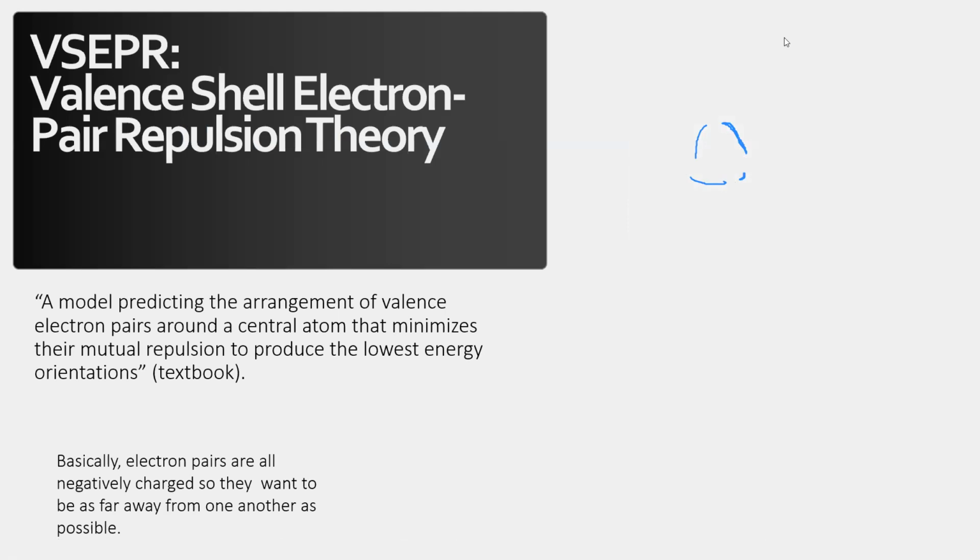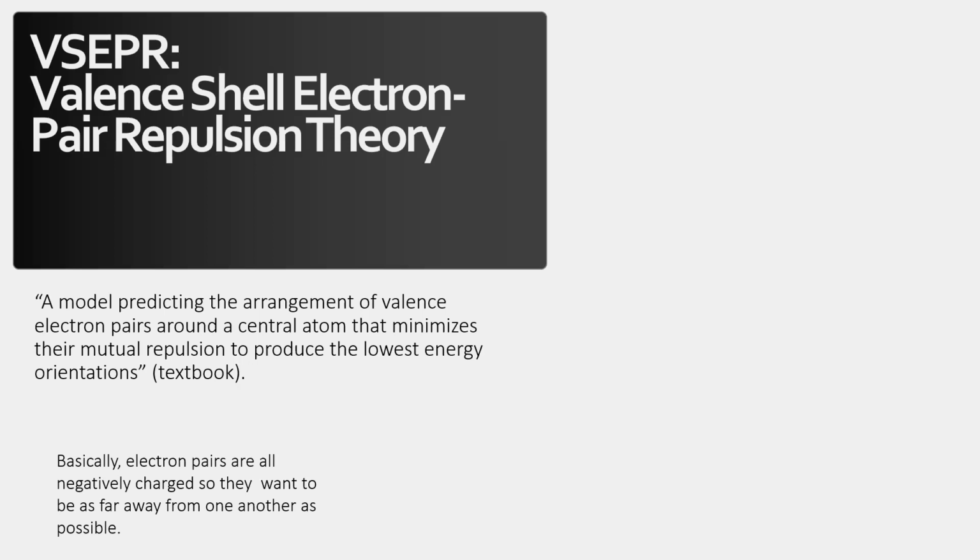Well, one way we can do that is through valence shell electron pair repulsion theory. This is a model predicting the arrangement of valence electron pairs around a central atom that minimizes their mutual repulsion to produce the lowest energy orientations.